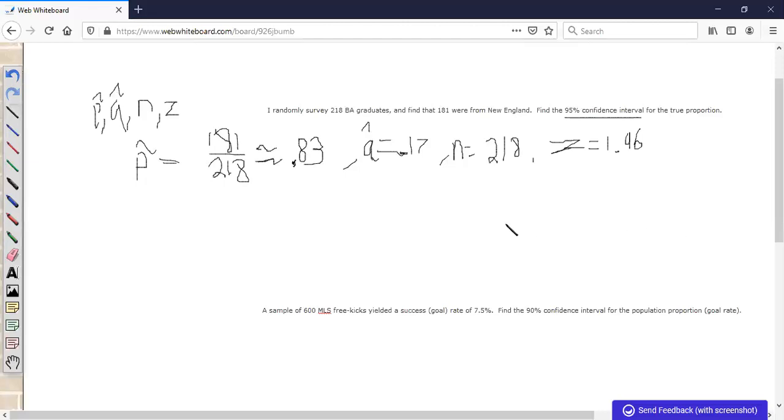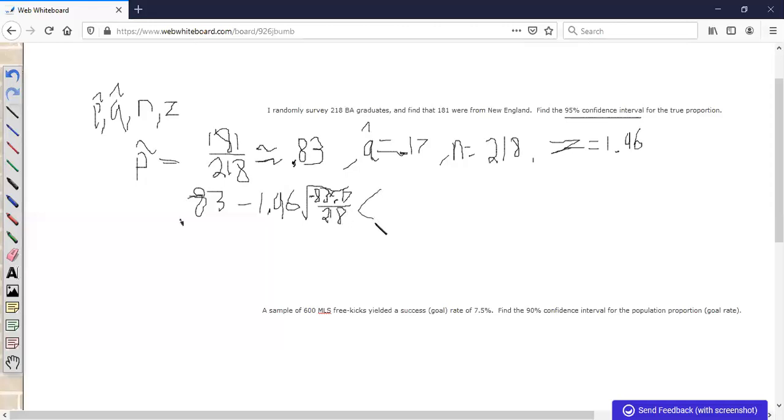So let's set up the actual interval. Here it's going to be p hat, so 0.83, minus my z times the square root of our p hat, 0.83, times our q hat of 0.17, over our n of 218.